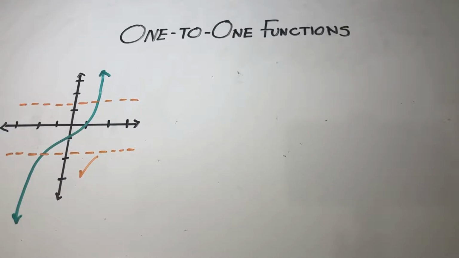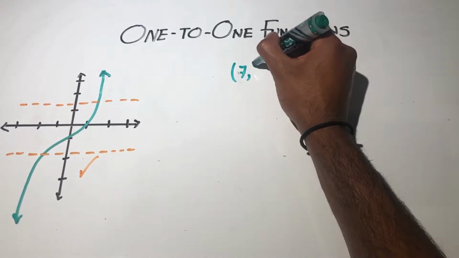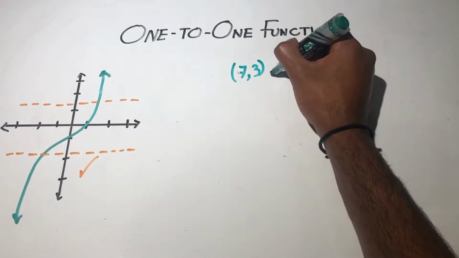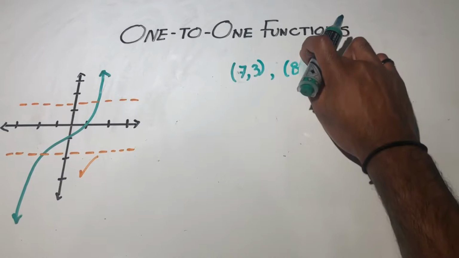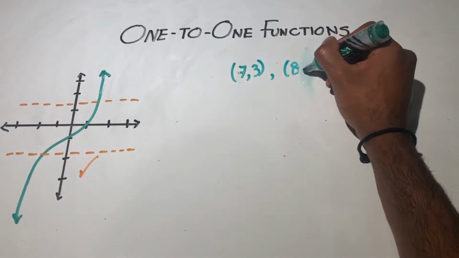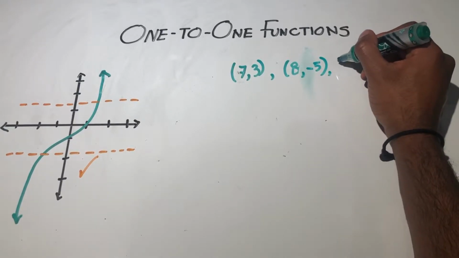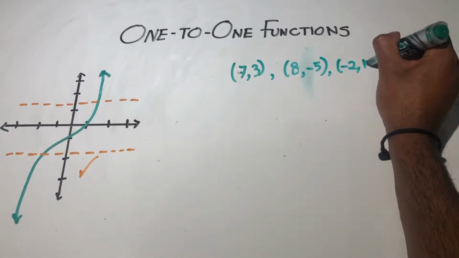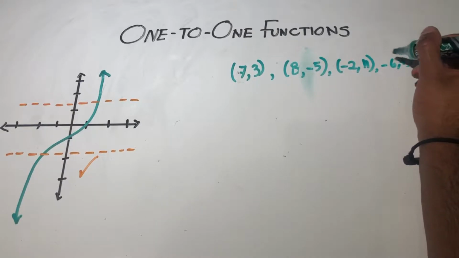Let's say that we're asked to determine if a function is one-to-one, and we're given the coordinate points (7, 3), (8, -5), (-2, 11), and (-6, 4).